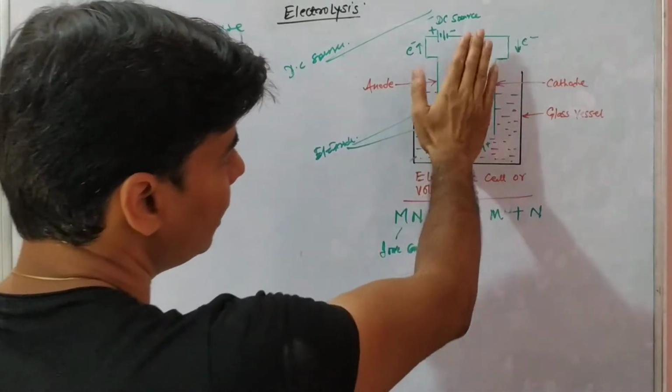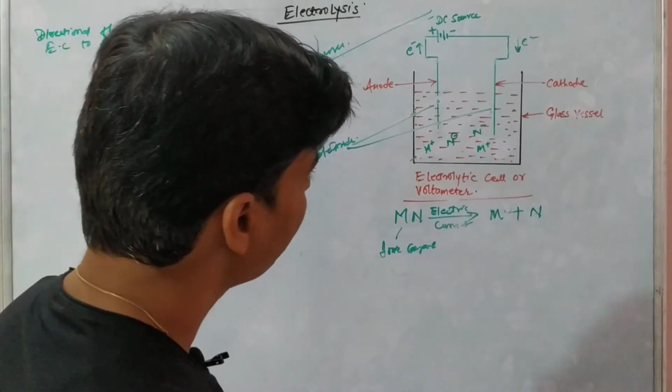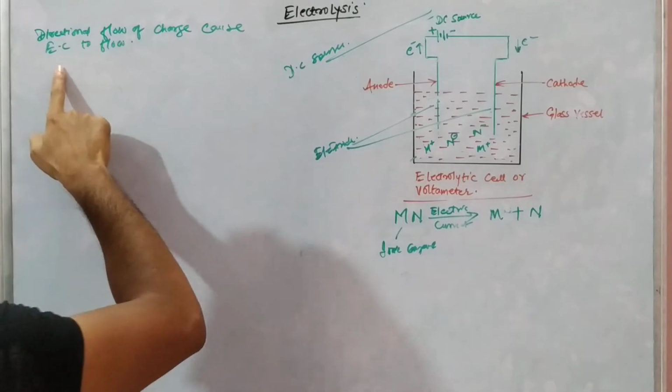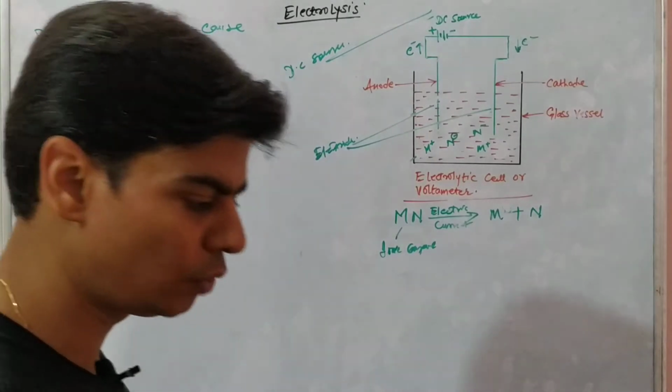So when electric current is turned on, let's see what will happen. Directional flow of charge will cause electric current to flow.